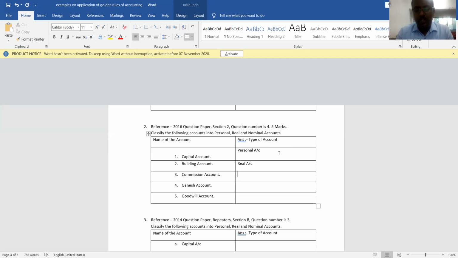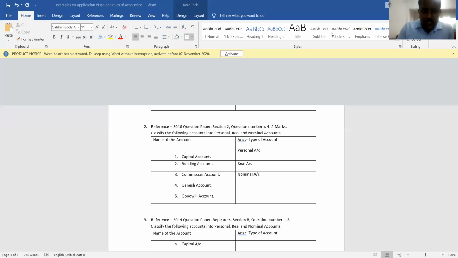If we are paying commission, it is expenditure, and if we are receiving commission, then it is income. So commission is a nominal account. Why? Because it is income to the business or expenditure to the business.